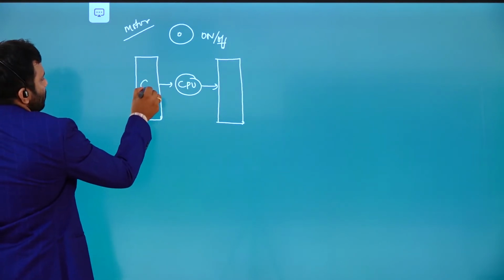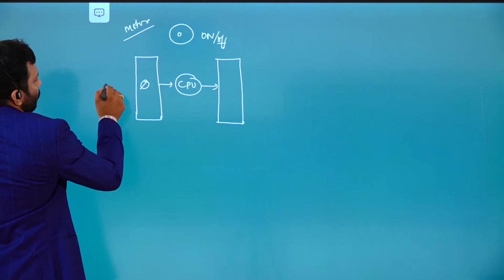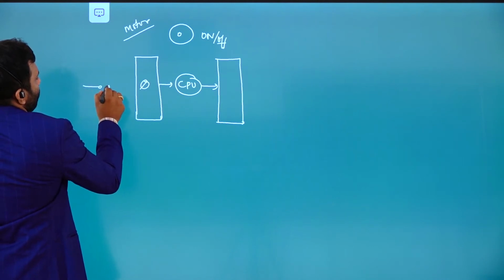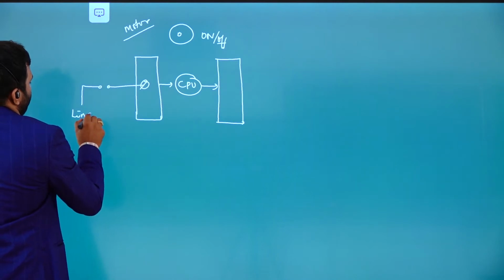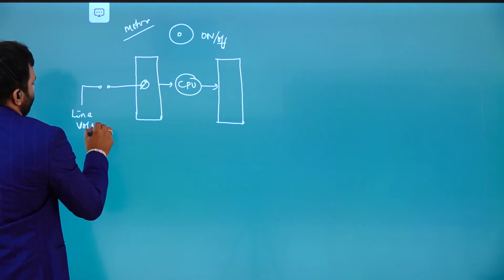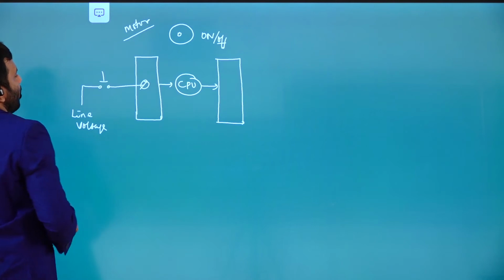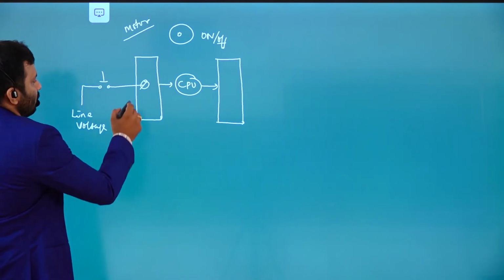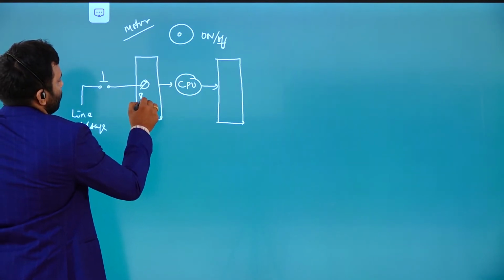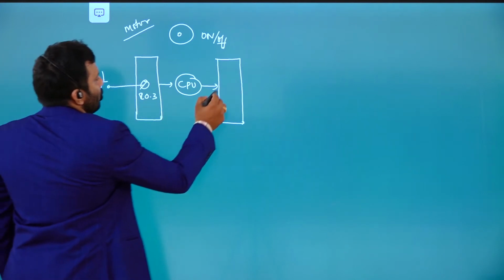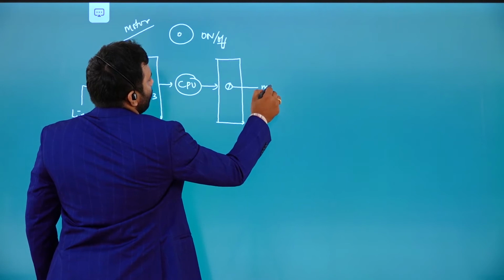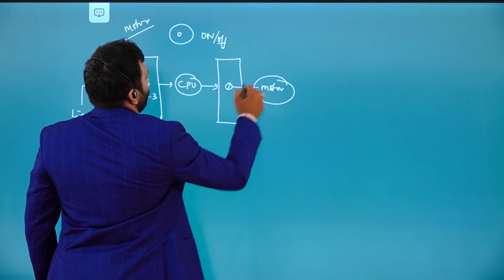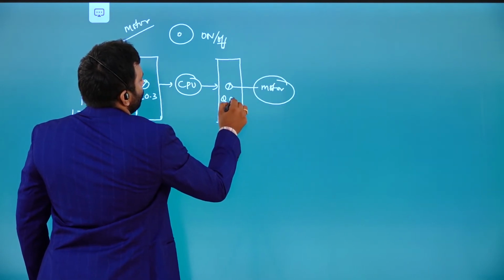For some input terminal, you need to connect some switch. For example, I connected a push button to terminal I0.3. The output module is connected to the motor at some terminal, for example Q0.2.